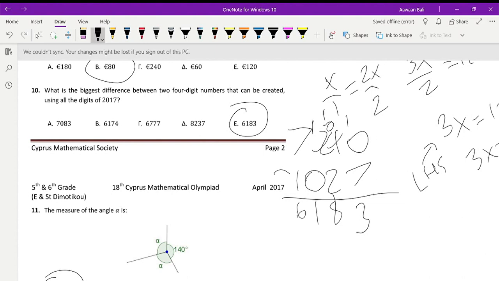Yeah, and we minus them because it's asking for the difference. It's asking for the biggest difference. The reason we took the biggest number minus the smallest number is that if we have the biggest number and minus the smallest number possible, you will get the biggest difference possible.